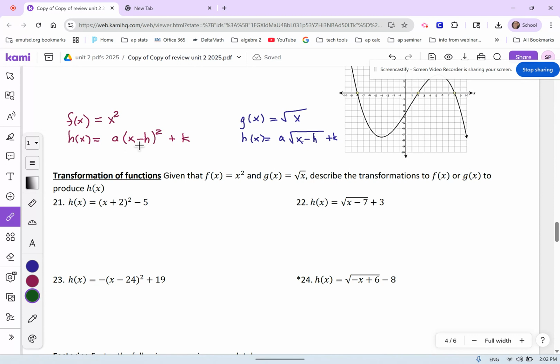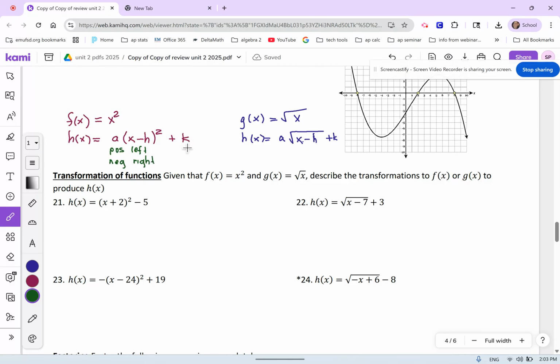Specifically, if I'm adding or subtracting h units, that represents movement to the left and right. When inside parentheses you have a positive number, you're moving to the left. So if it was x plus something, you're moving to the left, and if it's negative, you're moving to the right.